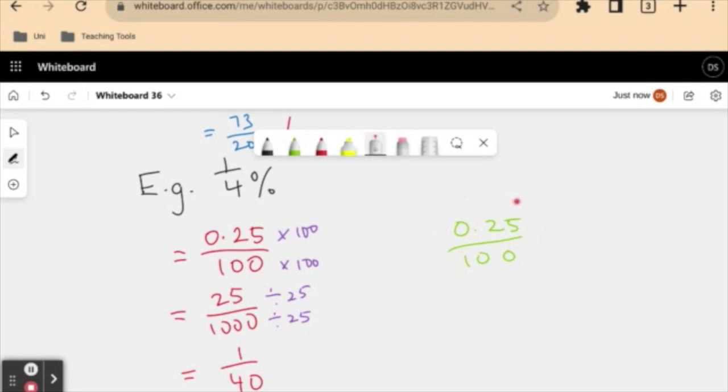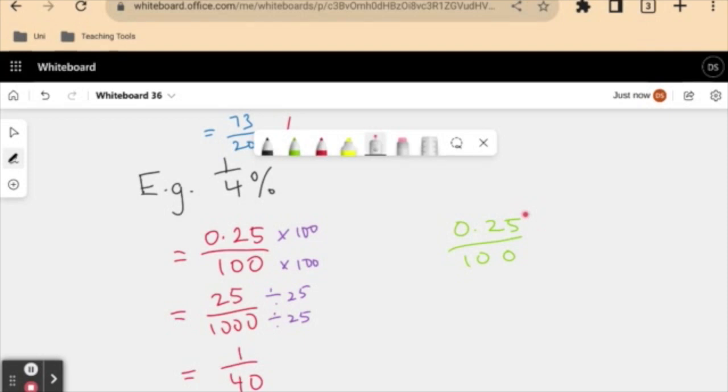Well, we can say that the lowest whole number we can get it to is just 1. And we can do that by multiplying 0.25 by 4. 0.25 multiplied by 2 will give me a half. And then we'll need another 2 sets of 0.25 to make a whole.